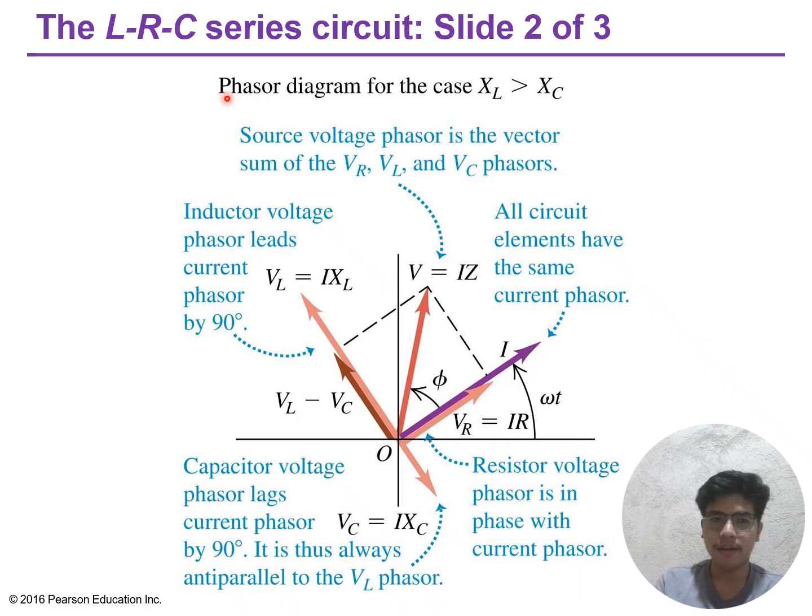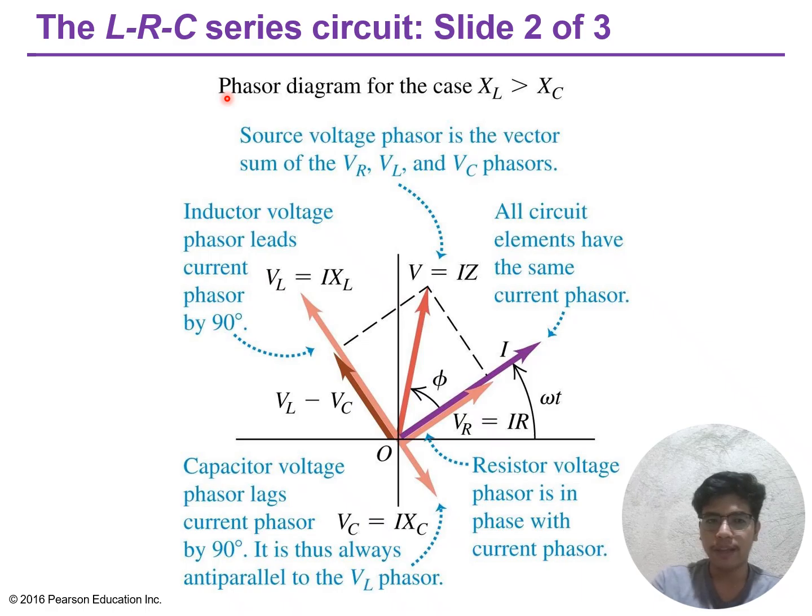When X sub L exceeds X sub C, or the inductive reactance dominates, the phase angle is positive. The current lags the voltage and the circuit behaves inductively. When X sub C exceeds X sub L, the phase angle is negative. The current leads the voltage and the circuit behaves capacitively.